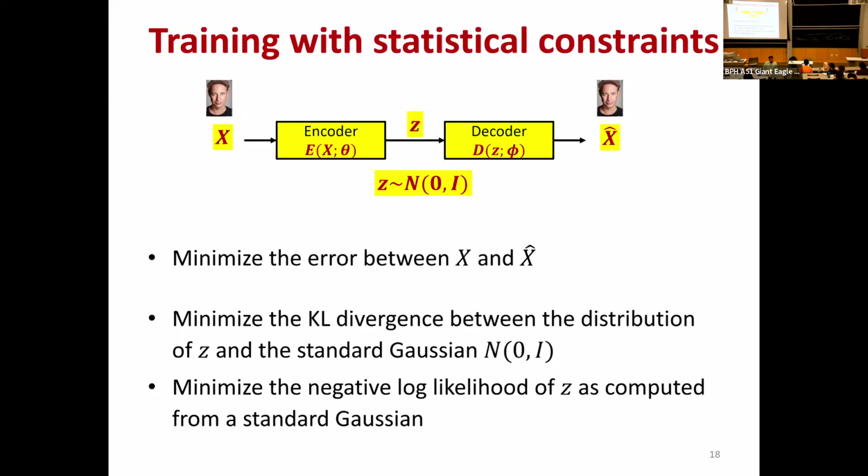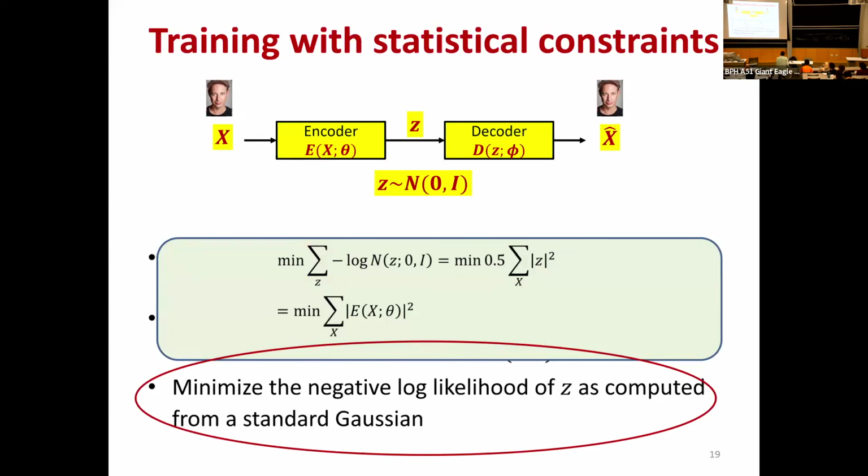Any other distribution is probably going to assign too low probabilities to data that are actually high probability, or too high probabilities to data that are actually low probability. Either way, you're going to get chewed. So this is the second option: you want to maximize the log likelihood of the z's as computed from a standard Gaussian, or alternately minimize the negative log likelihood. This is something we use in machine learning and statistics all the time.